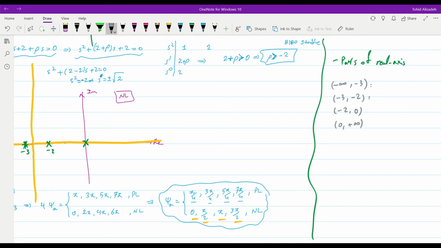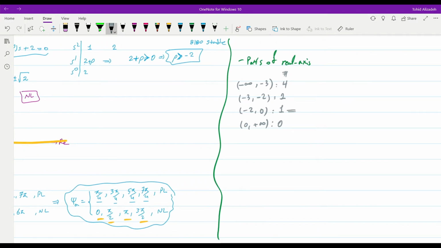Then we count the number of poles and zeros to the right side of the region. For the region from minus infinity till minus 3, we have 4 poles. From minus 3 till minus 2, we have 2 poles. Between minus 2 and 0, we have 1, and then we have 0. Therefore, you can see that the area between minus 2 and 0 belongs to the positive locus, and the rest belong to the negative locus.